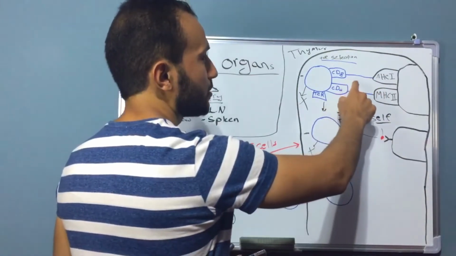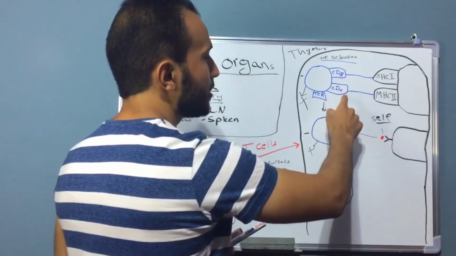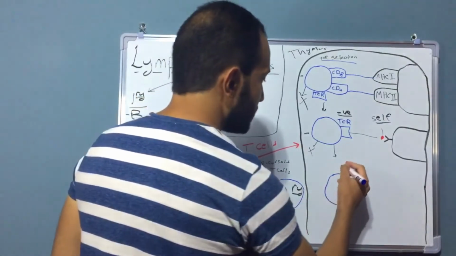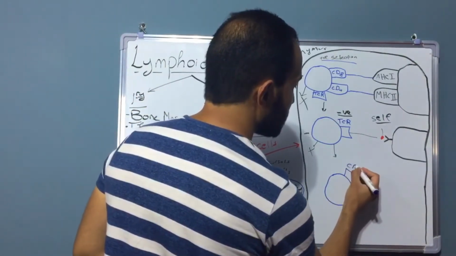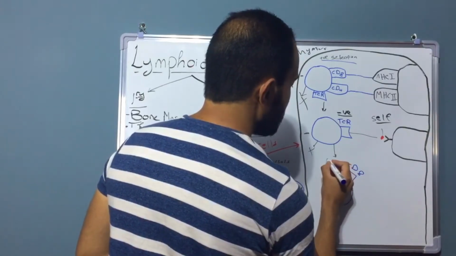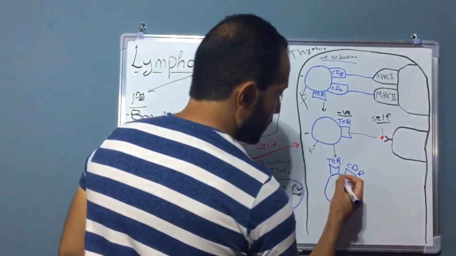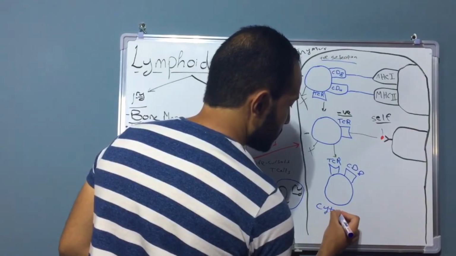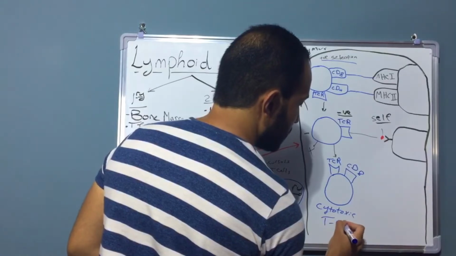If it cross-links to MHC class 1, then it will keep CD8 and CD4 will be deleted. And in this case, this is called cytotoxic T cell.